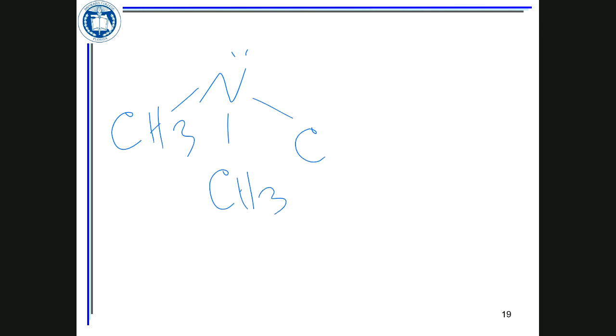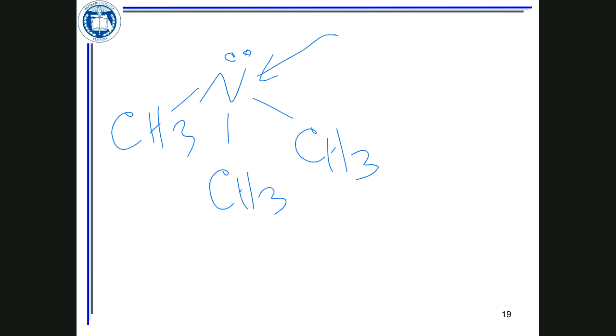Examples: N, CH3, CH3, CH3. What is the hybridization for nitrogen here? Instead of hybridization, let's take one step at a time, and we count the electron groups.